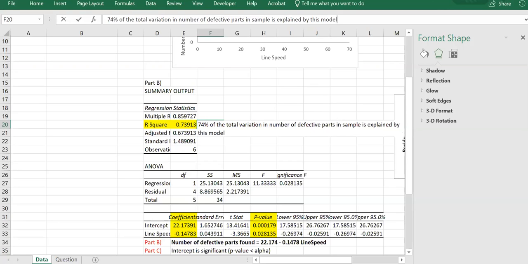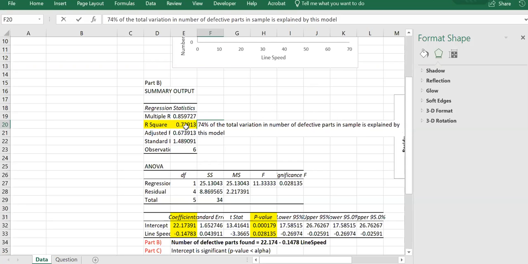And this model only has the line speed as the predictor. So basically, line speed is explaining 74% of the total variation in the number of defective parts in this sample.